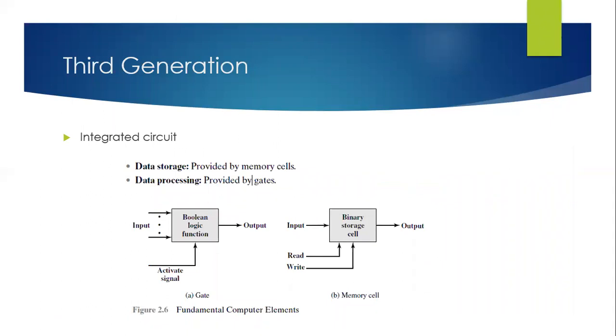And after second generation computers, third generation computers were introduced. In third generation computers, integrated circuits were used. Data storage was provided by memory cells and processing was provided by gates. Here you can see the structure of a gate and a memory cell.